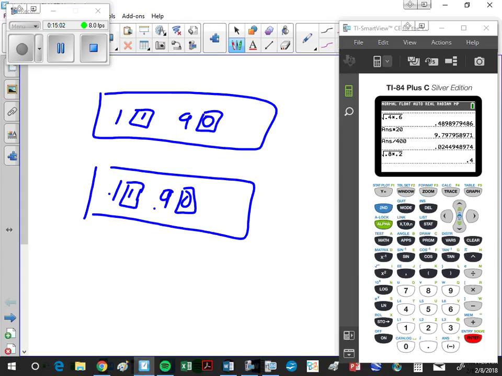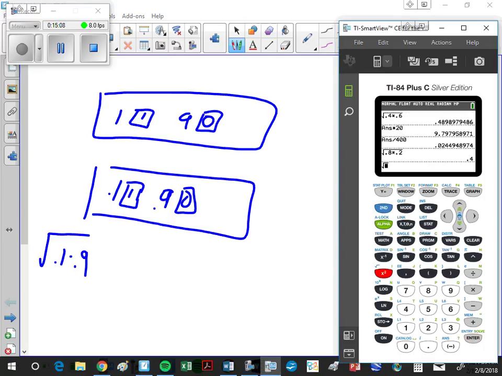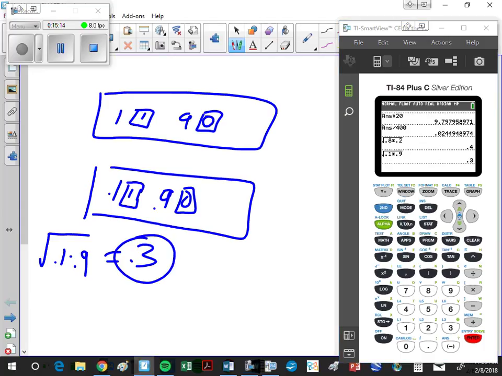So we're going to take the square root of 0.1 times 0.9. That'll give me the SD. And I get 0.3. What does that mean? That's the SD. The numbers in the box on average are 0.3 units away from 0.1.